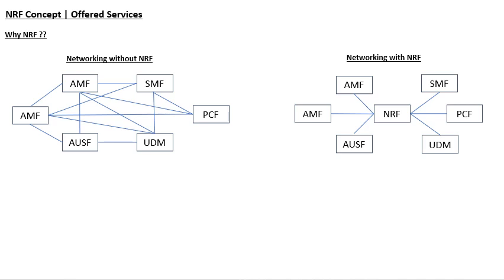So NRF will dynamically deregister it from the NRF database. So there is no need for AMF to do all that manually, because NRF maintains the profiles of the network functions centrally.